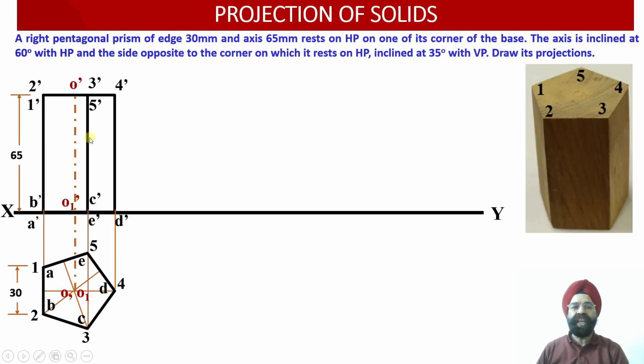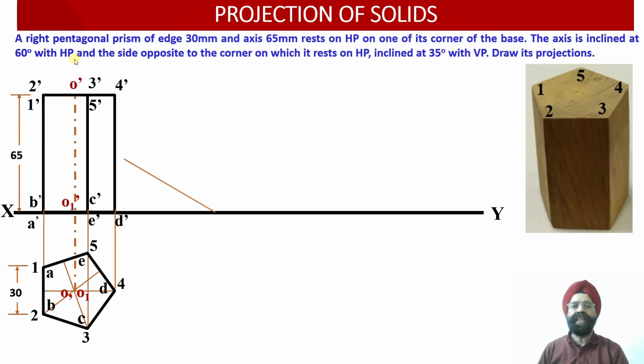So let us proceed with the transformation or rotation of the front view projections of this pentagonal prism. So to begin with, we have to draw a projection line corresponding to the base of this prism at an angle of 30 degree. So please check, we are not going to mark this angle of 30 degree. Why? Because we have been provided that the angle of inclination of the axis is 60 degree.